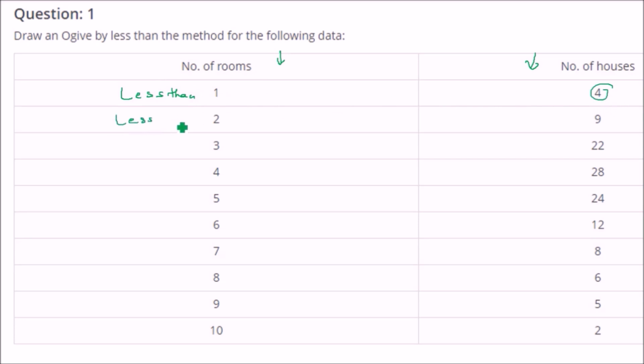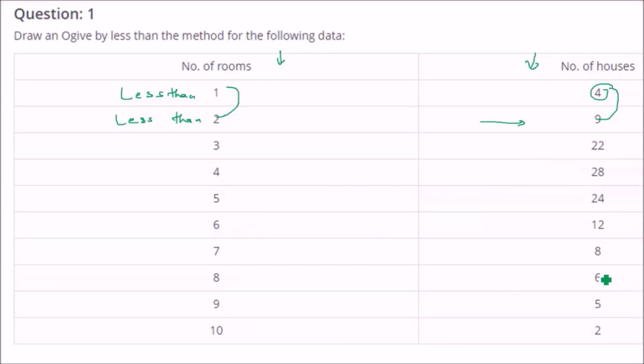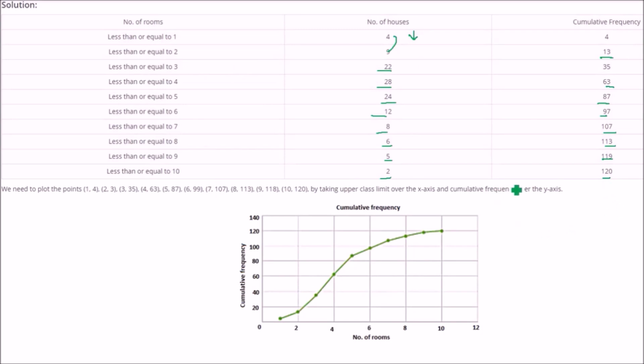When we say less than 2, it means all inclusive of 1. That is why we have added 9 with 4. That is why cumulative frequency comes into the picture. And this is 8, 6, 5, 2, and we just added them.